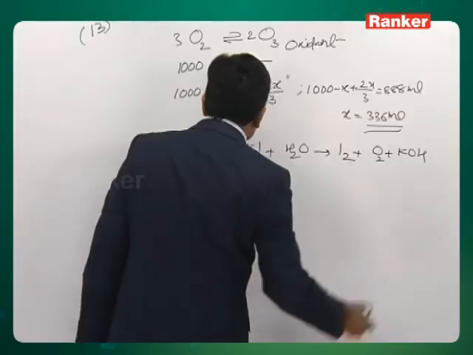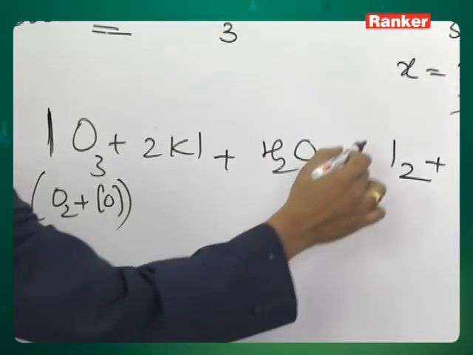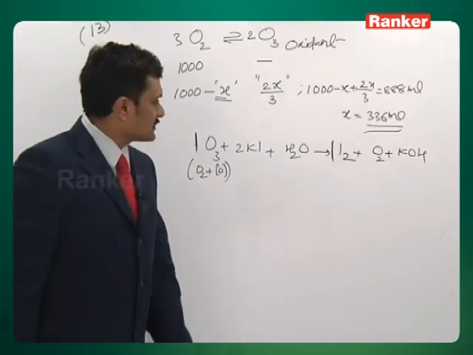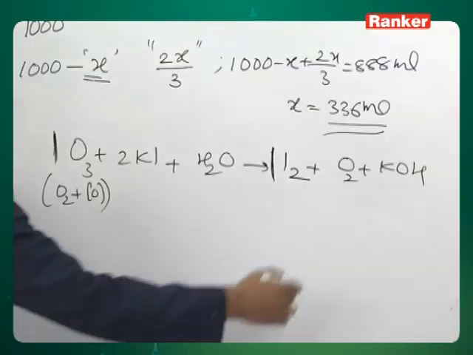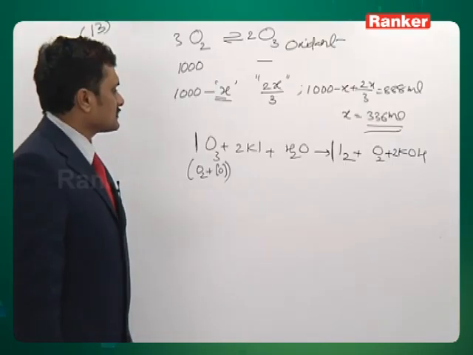And when you balance this equation, you will be getting for every 1 mole of this ozone, 1 mole of I2 is liberated. When you simplify this equation, you will be getting such an expression where you will be getting 2 moles of KOH, and I guess this equation is now balanced as well.